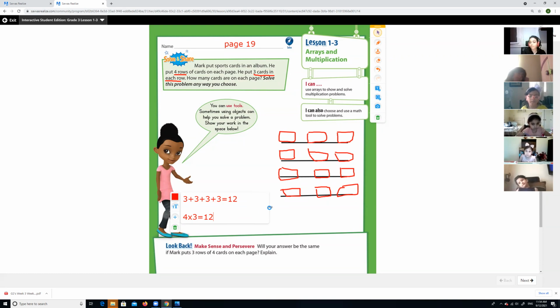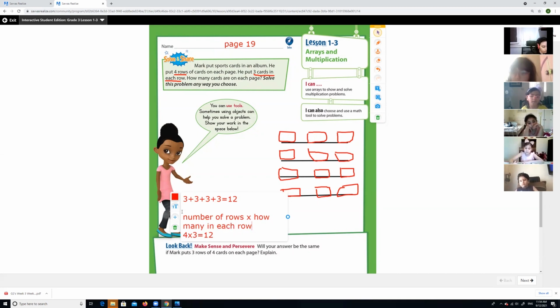So now we have a new rule to write a multiplication equation for arrays. It is the same concept. Number of rows times how many in each row.